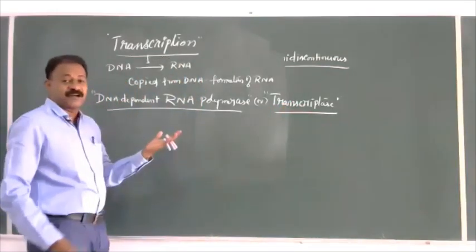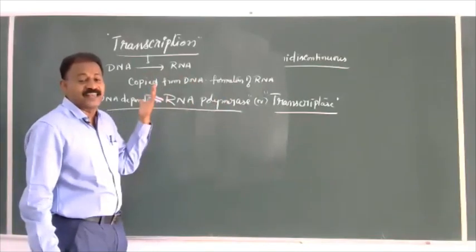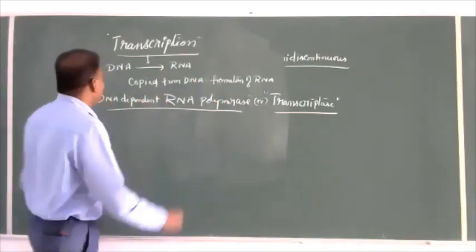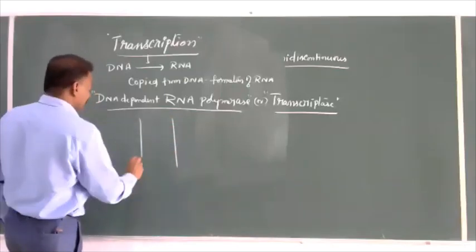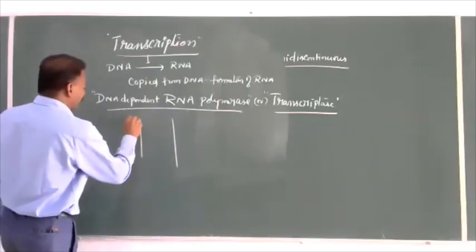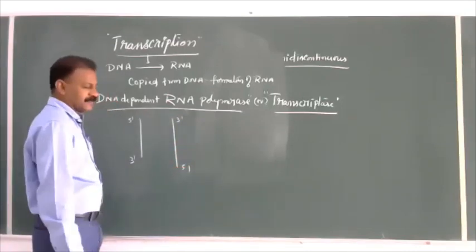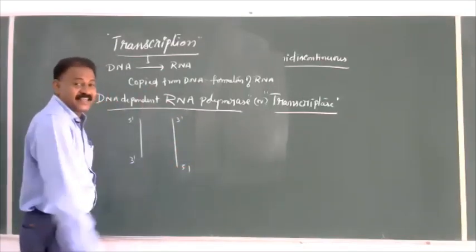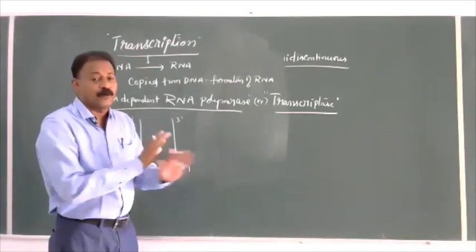The mechanism of copying RNA from a DNA molecule. Here, DNA has two strands, 3 prime to 5 prime, and 5 prime. The entire DNA molecule during transcription is not going to open.